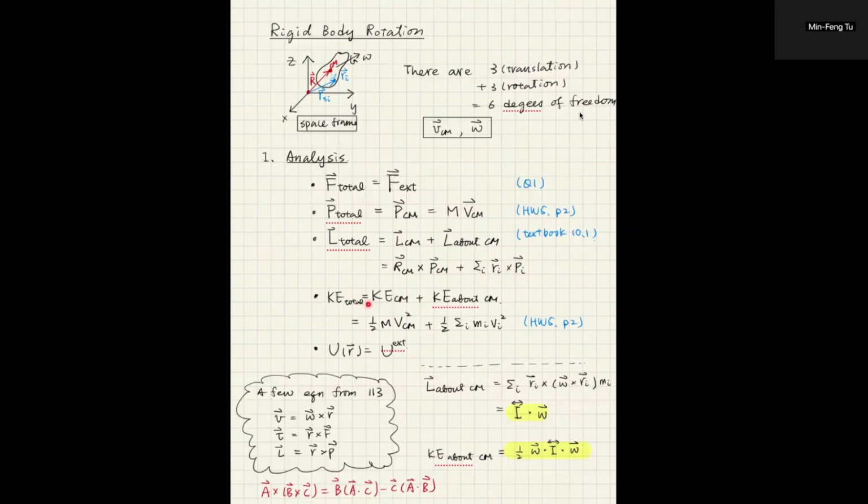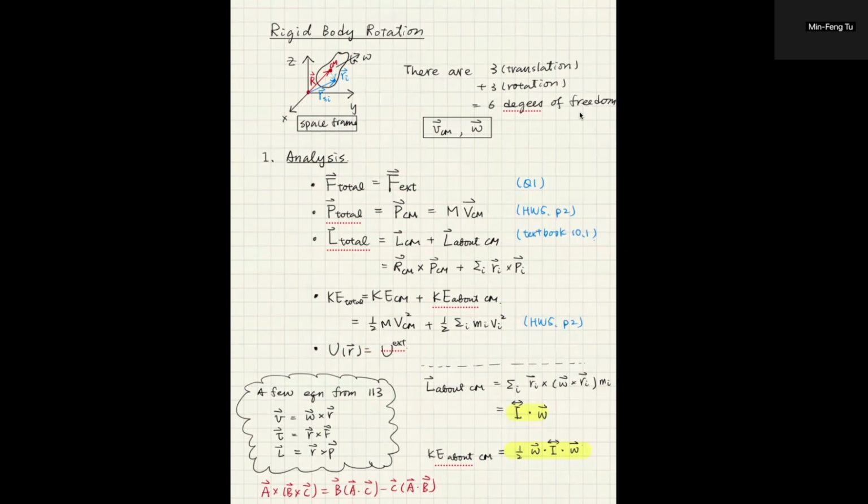Similarly, the total kinetic energy, which you also proved in homework 5, can be broken into the kinetic energy of the center of mass plus the kinetic energy about the center of mass. So it's very similar to the angular momentum. For the potential energy, you just need to account for the external potential energy.